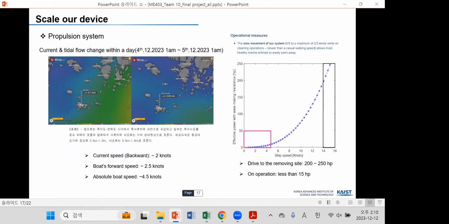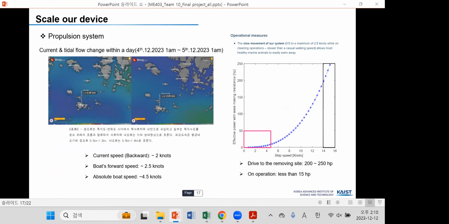And then after that, we calculated the effective power considering the wave making term. And if you look at the left video, this shows the current and the tidal flow change within days.